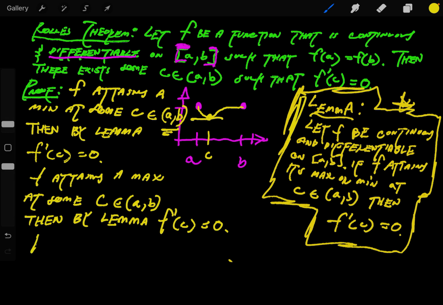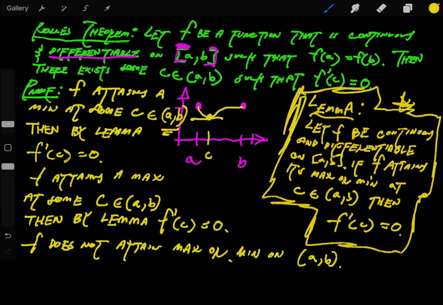Now the only other case is f does not attain a max or min on the open interval (A, B). If this is true, then f must be constant on (A, B), and the derivative of a constant is 0 everywhere.